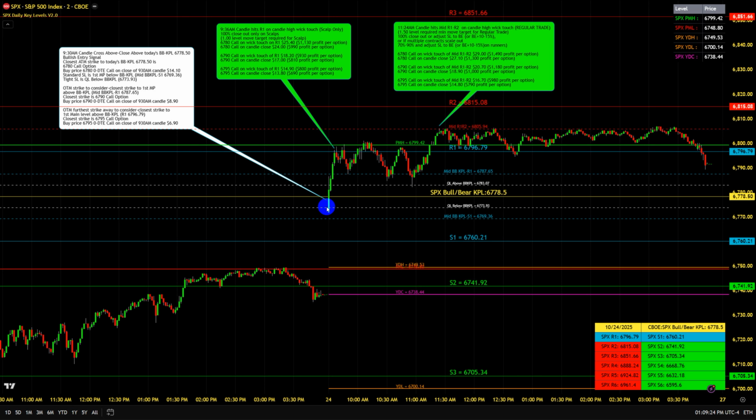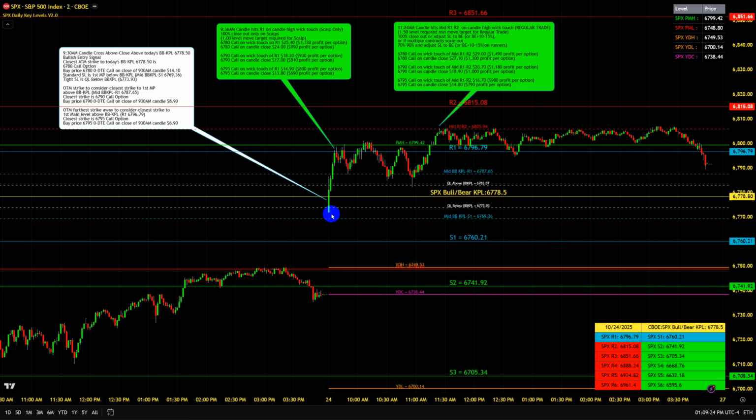So the main point about this bullish entry signal for the opening 9:30 a.m. candle is not necessarily where it opened, it is where the candle closes. Because it could have opened down here, traveled above, and then closed the candle below the bull bear KPL.